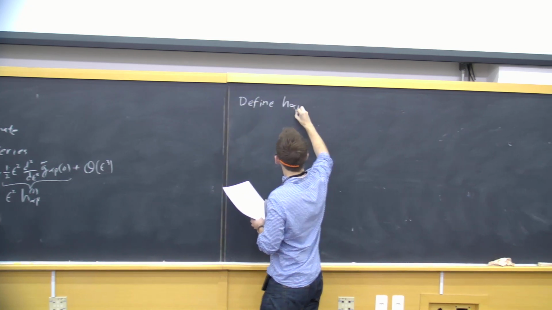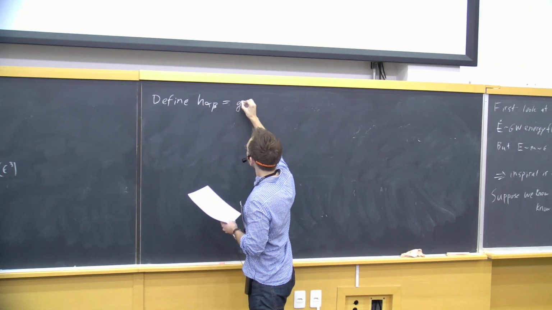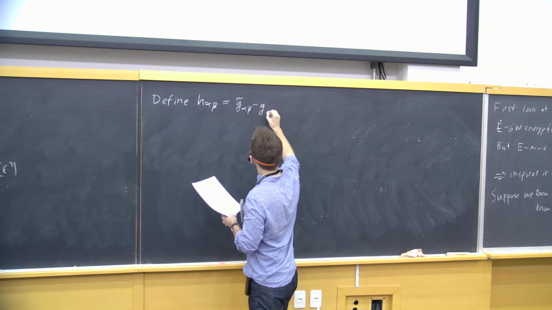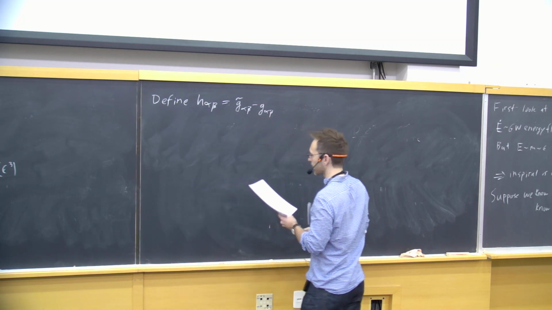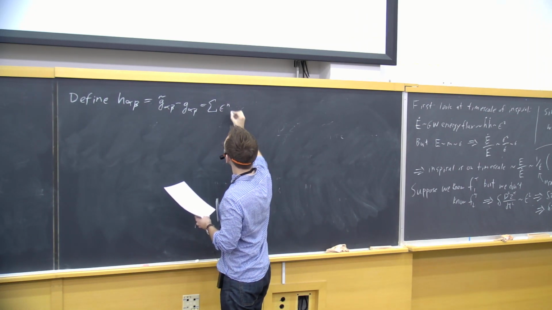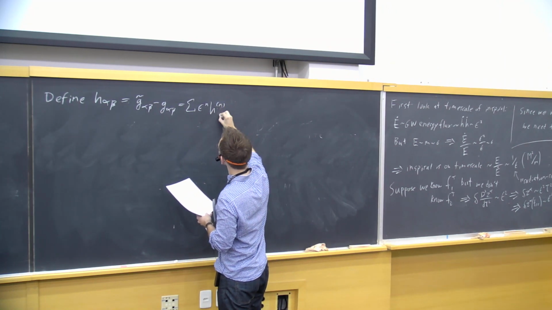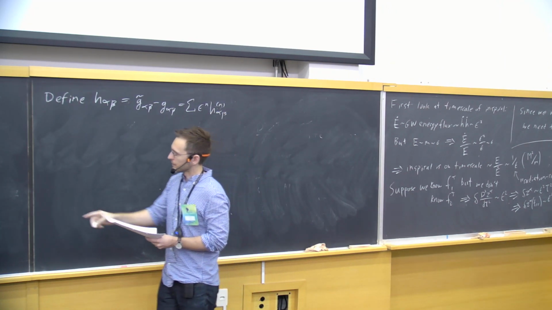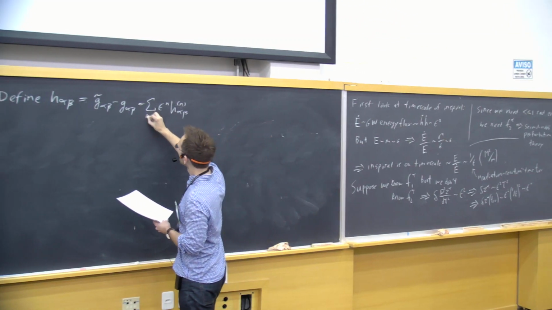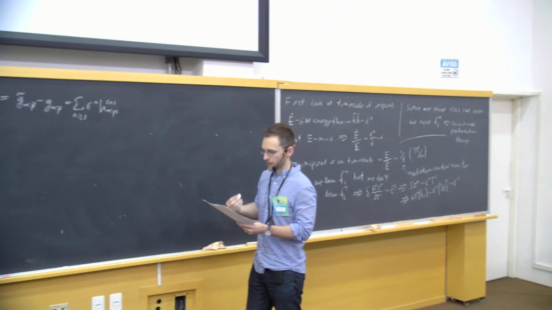So define H alpha beta to be the exact metric minus the 0th order background metric, and that's going to be a sum over powers of epsilon times these perturbations H1, H2, H3, and so forth, where n runs from 1 to however high order you want to go.